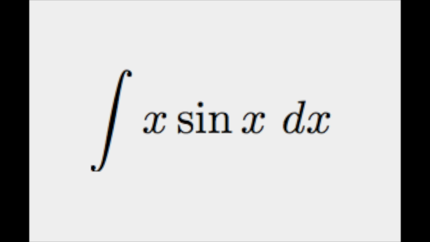Because x becomes simpler when you differentiate it, that is going to be a fabulous choice for our u. Because sine of x doesn't become any more complicated when we integrate, that is going to be our choice for dv.